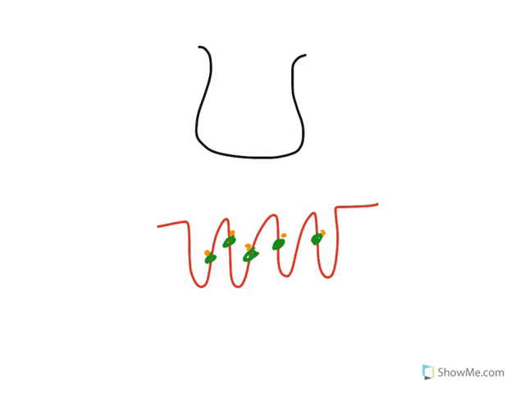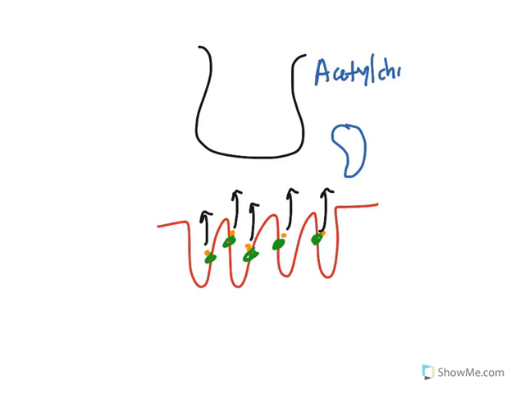So this is the contracted state, and if we want relaxation to happen, the acetylcholine will detach from these receptors, and then the action of this guy, acetylcholinesterase, will take over.